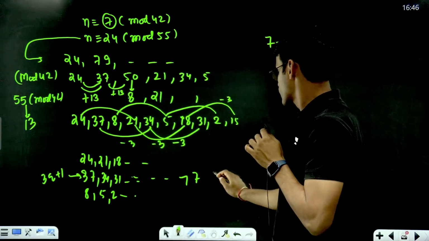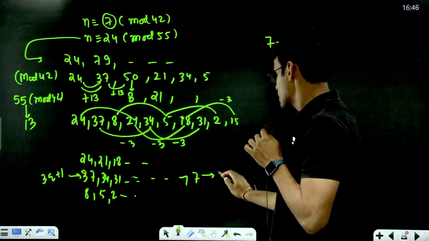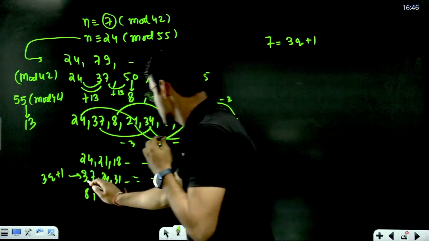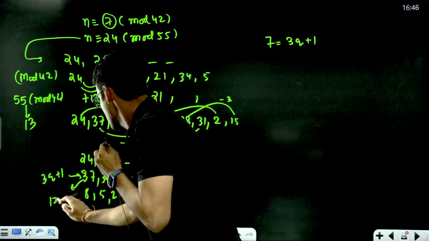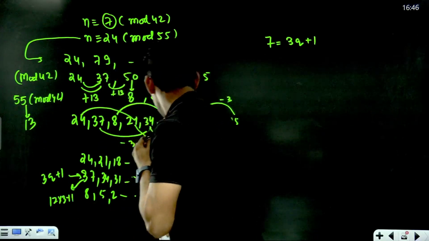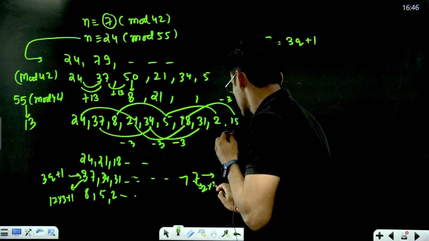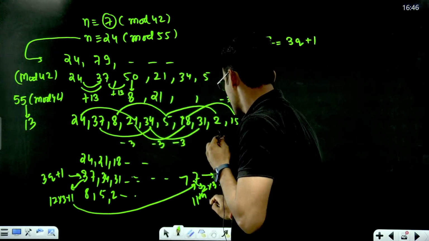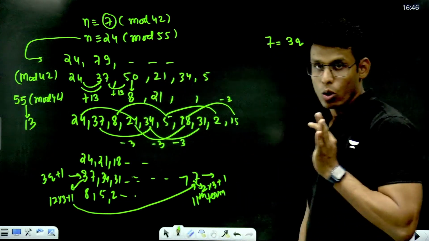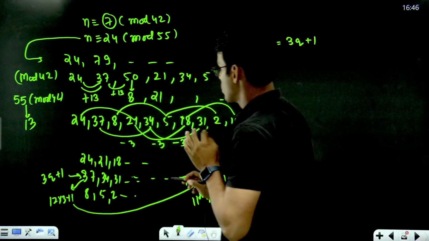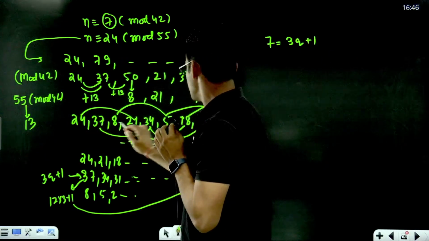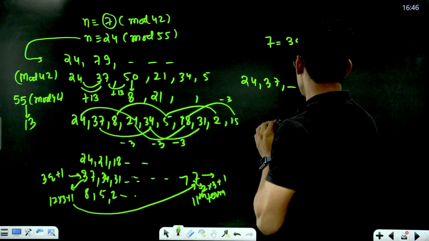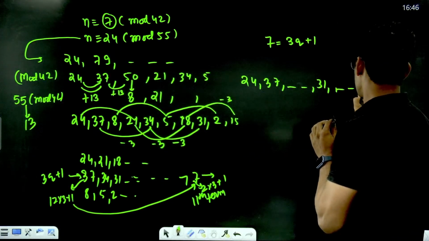Now, if you see this sequence, 12 times 3, so the 11th term in this problem. 2 more, 34.